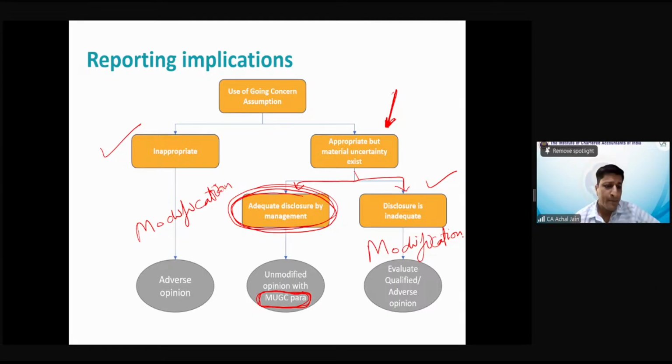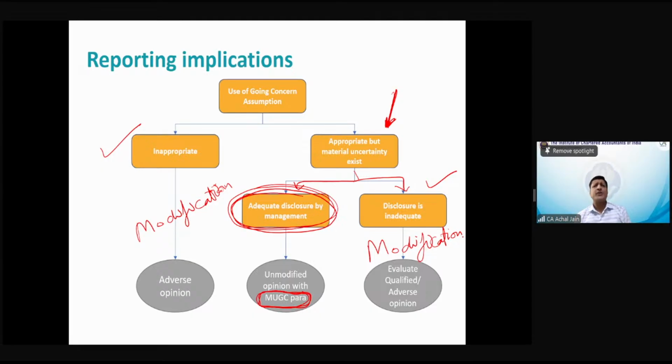Only if there is some problem, then you will have this scenario, or you can say some of these scenarios will arise only if there are some indicators available for these scenarios.